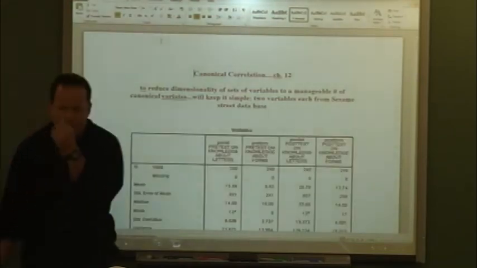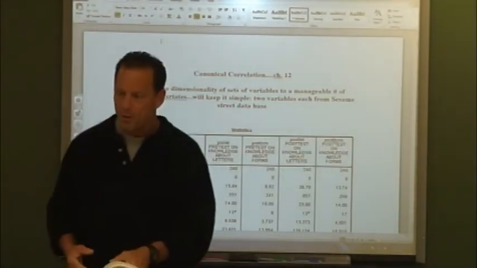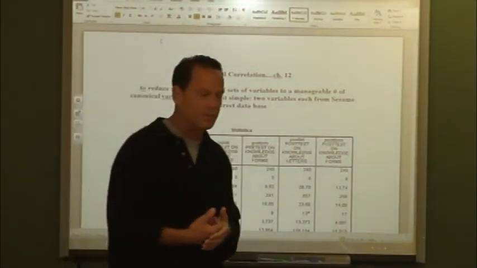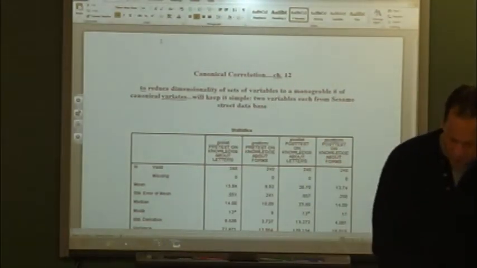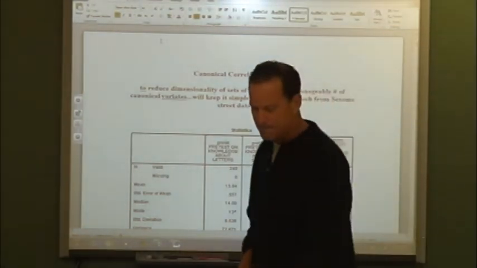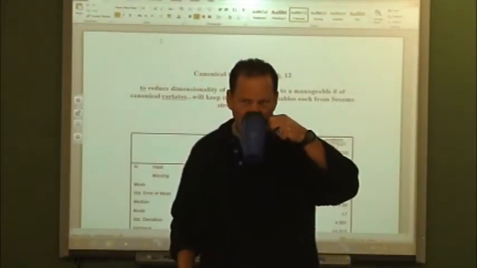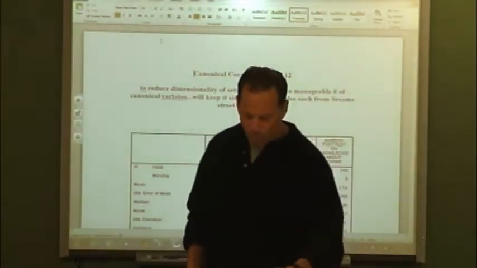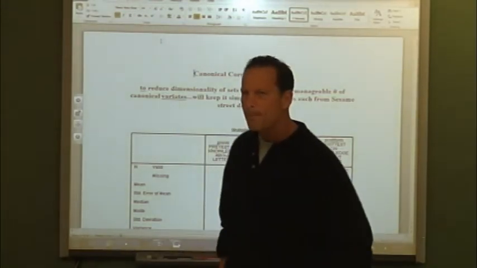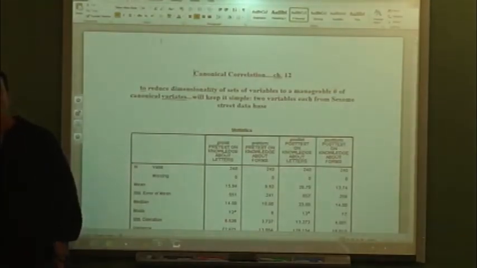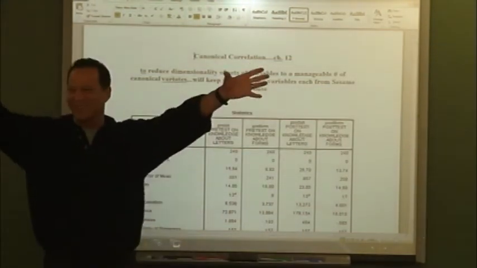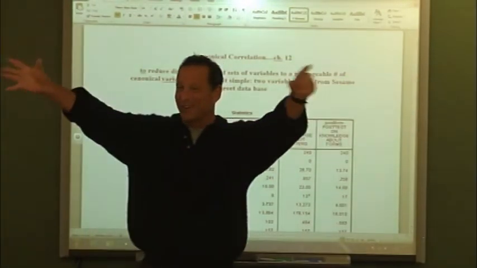Again, canonical correlation is used for what purpose, everybody? What type of presenting problem would evoke the use of canonical correlation? To reduce dimensionality, yes, when you have two sets of variables.